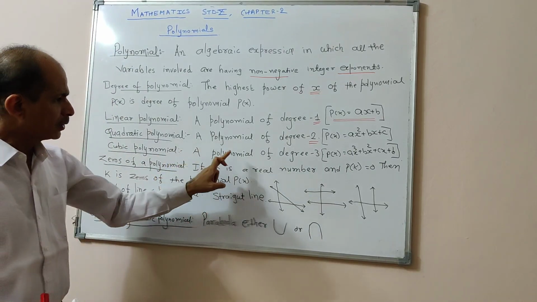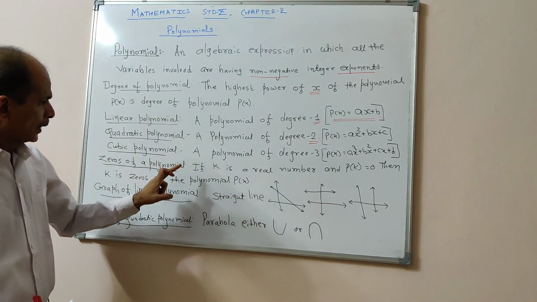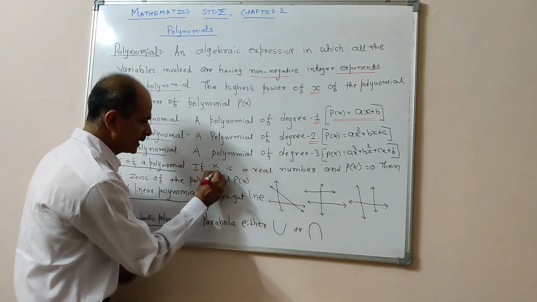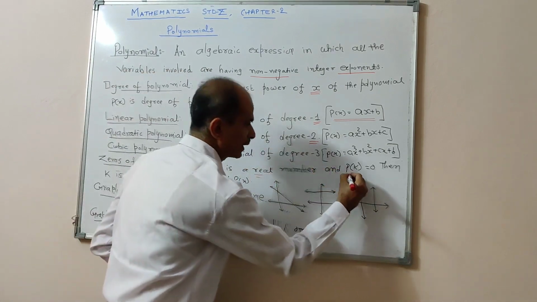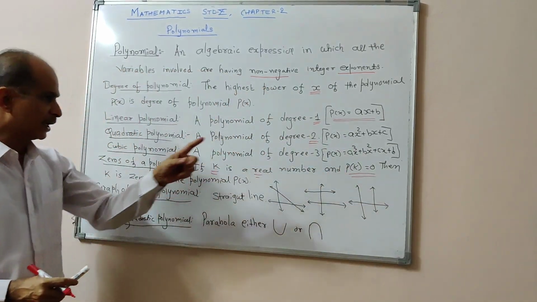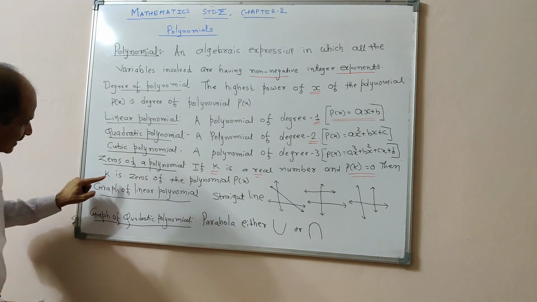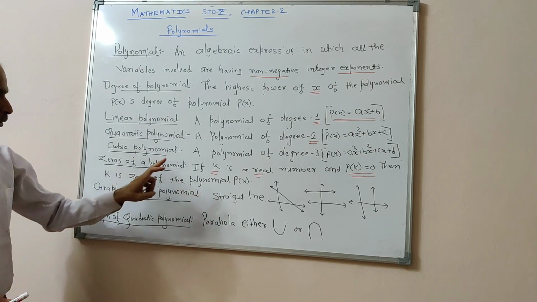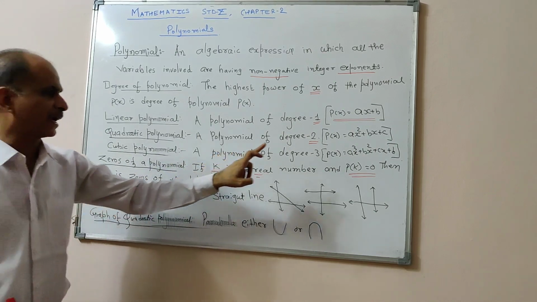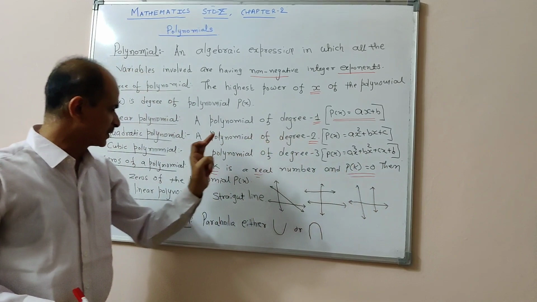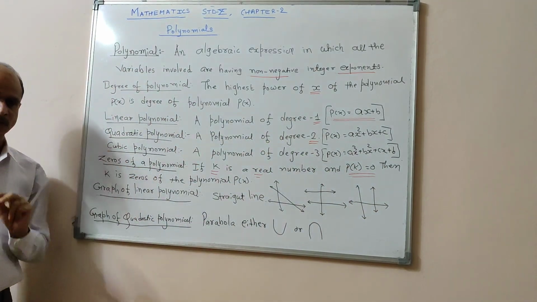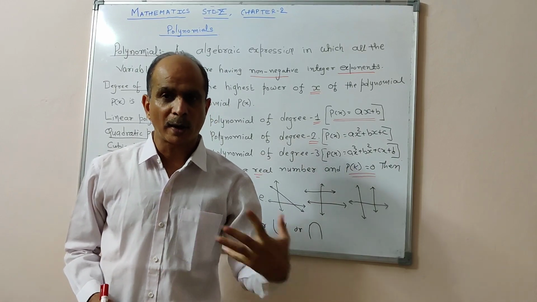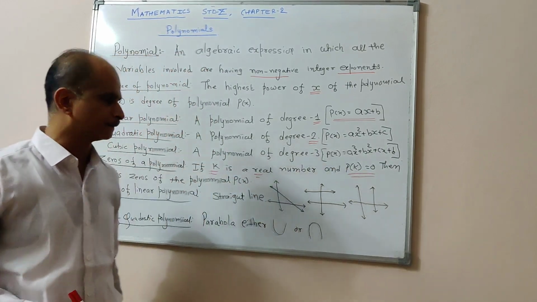You know, for a polynomial, if k is a real number, and if p(k) = 0, then k is known as a zero of the polynomial. In this chapter, we are going to solve some examples on how to identify the zeros of a polynomial.